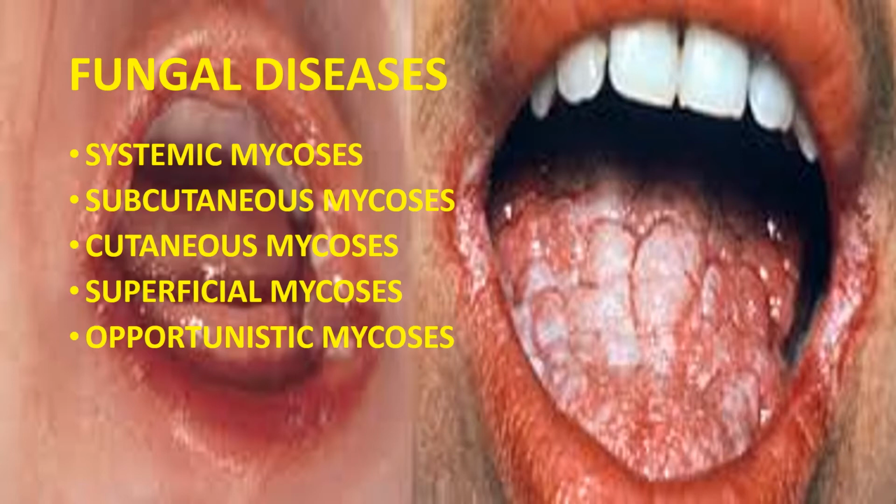Superficial mycoses are localized on hair shafts and superficial skin cells. Opportunistic mycoses are caused by fungi that are not usually pathogenic. Opportunistic mycoses can infect any tissues. However, they are usually systemic.